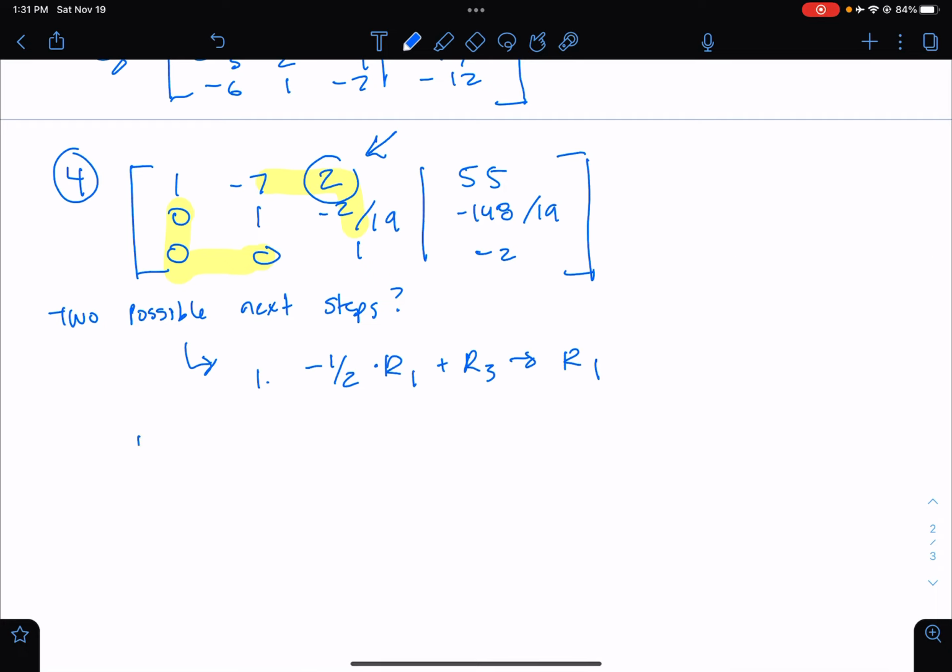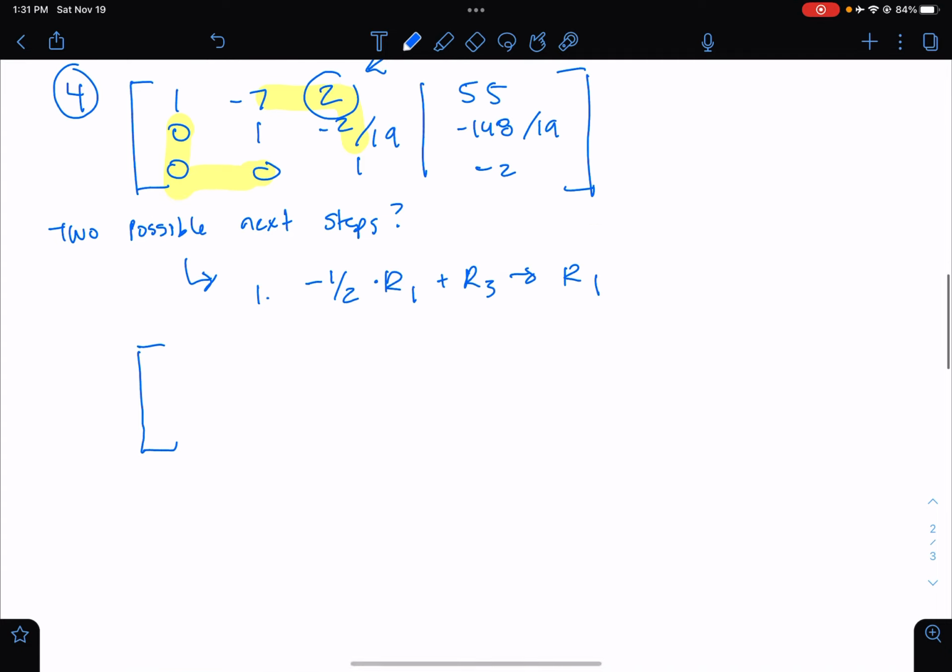After performing that step there, -1/2 times 1 is -1/2. -1/2 times -7 would be 7/2.